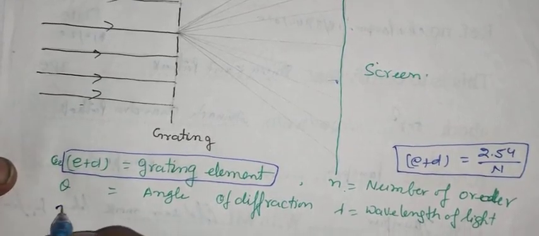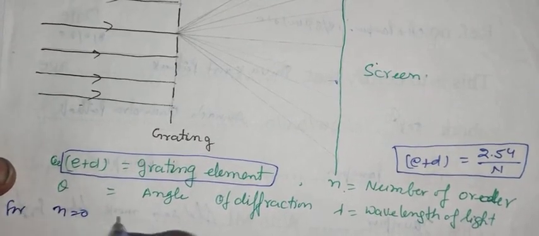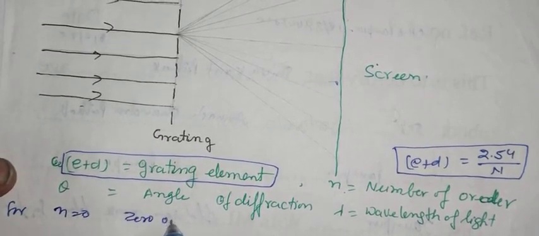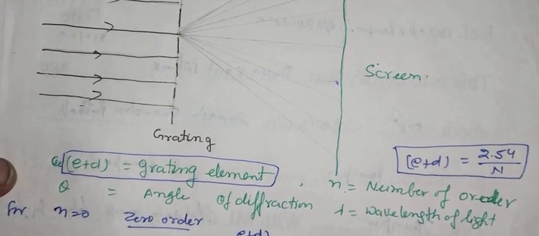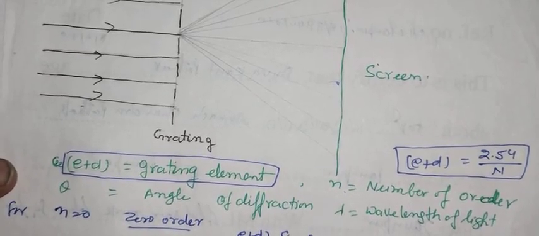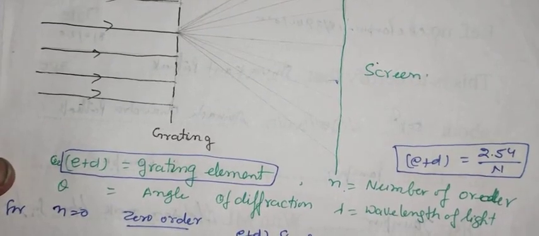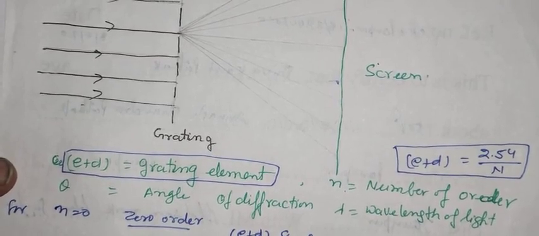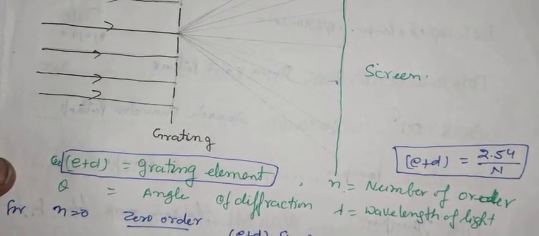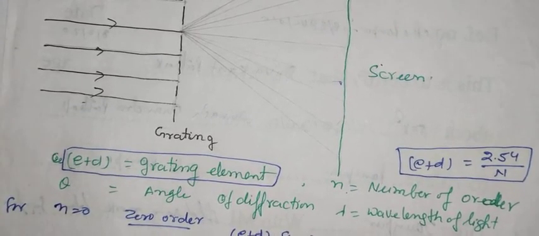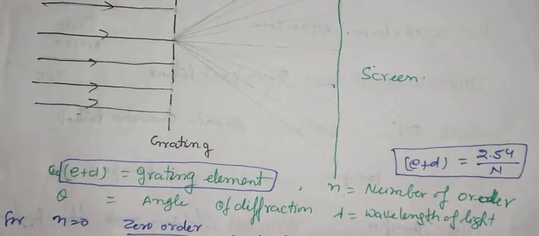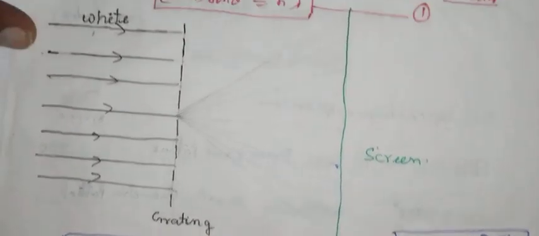Let us see for n = 0. That is called the zero order principal maxima. In equation number 1, (e + d) sin theta, n is 0, and the grating element (e + d) cannot be 0. This implies that sin theta = 0, and we may write that at this condition theta = 0 degrees. So the angle of diffraction is 0 degrees.